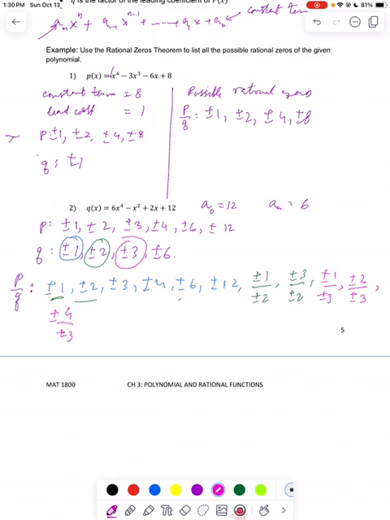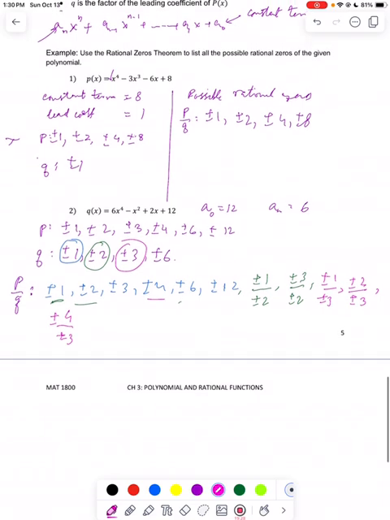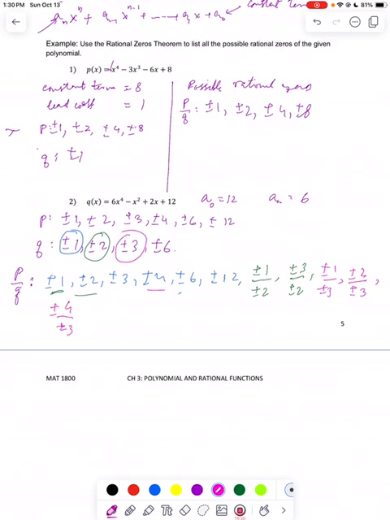Now the last thing we have to do is divide all the values of p by plus minus 6. So I'll change the color here. Okay, let's see if this works.